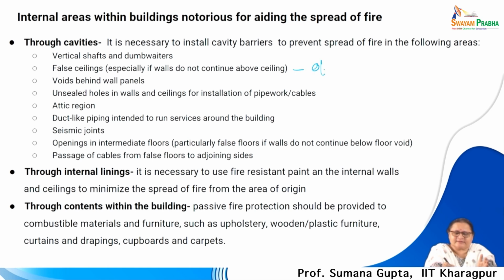Examples: offices, open offices, you may have a false ceiling, you may have small partitions for the managers and all, but the entire space above the false ceiling is continuous.